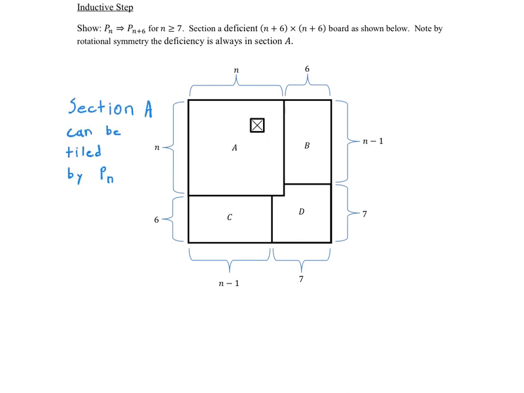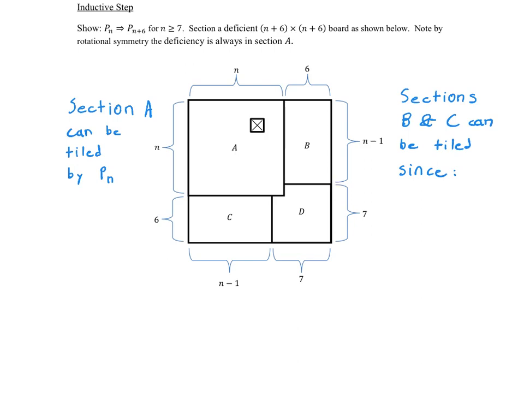Now, moving on to sections B and C, they are rectangles, so maybe by a previous proposition that we talked about rectangles, they can be tiled. Let's check. So what we need to check is that we have a multiple of 2 and a multiple of 3. So our dimensions are 6 by n minus 1.